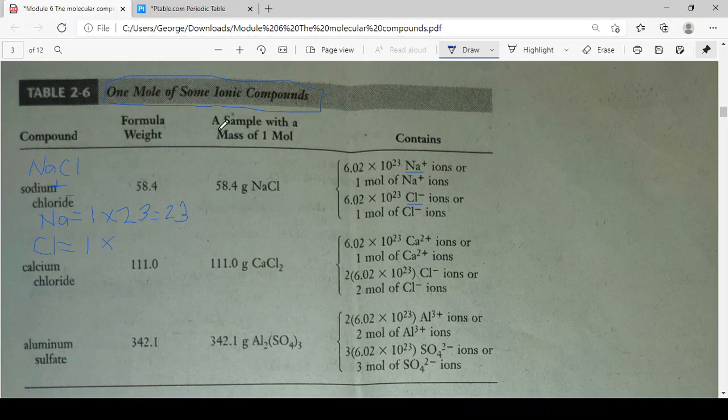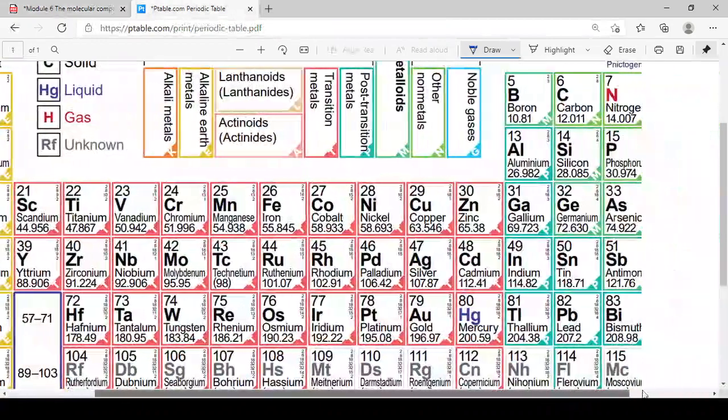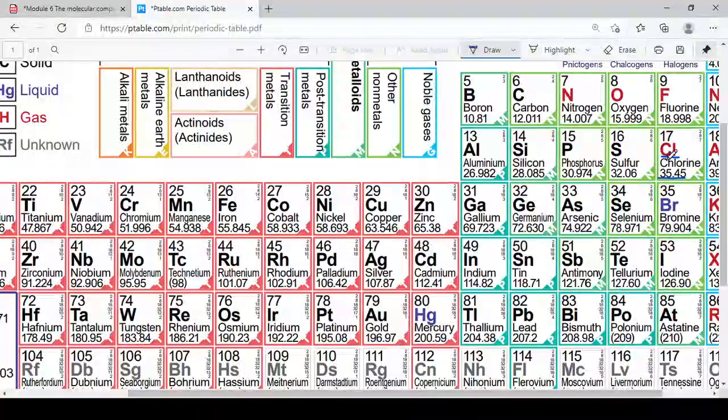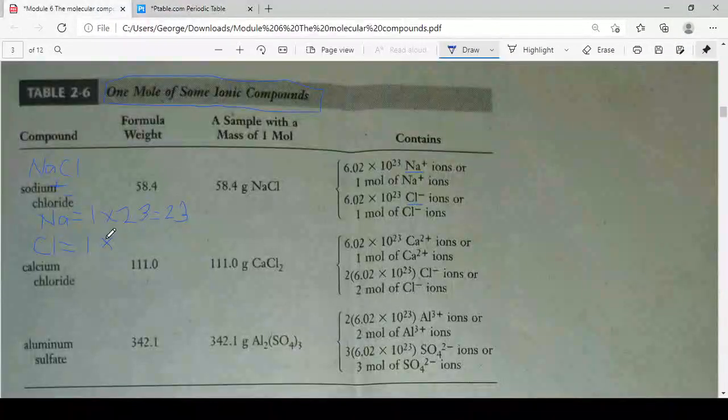And there are set rules we taught in module 4, so you may check and review anytime. So your Cl is chlorine and it has an AMU of 35.4.